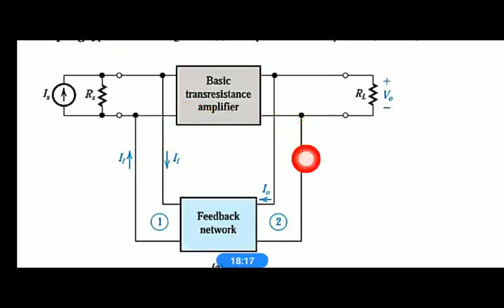So the output voltage here is taken as a sample voltage to produce a feedback current IF, which is fed at the input in shunt with the applied input current Is.